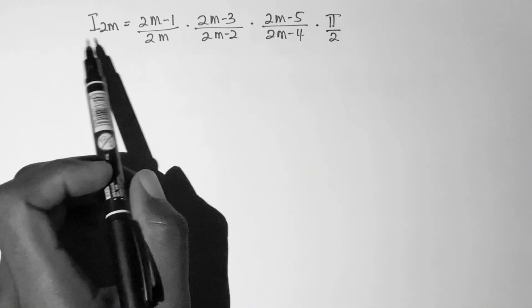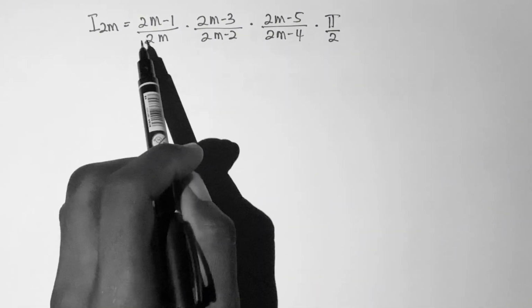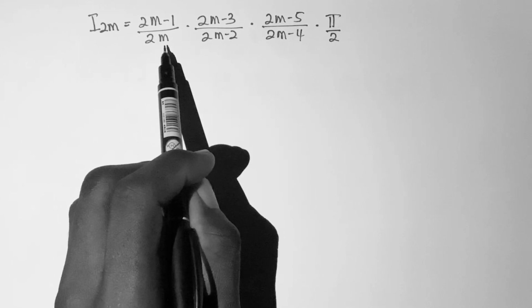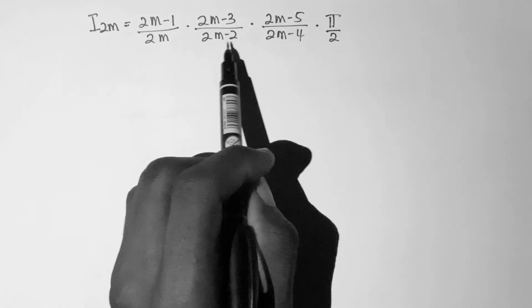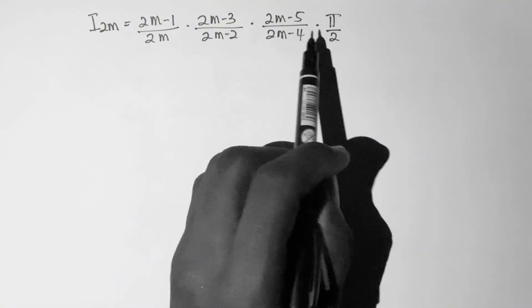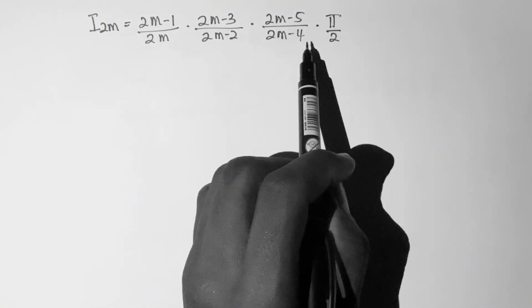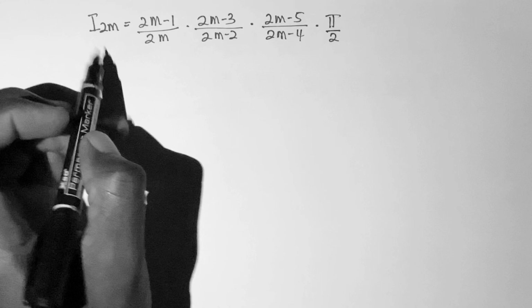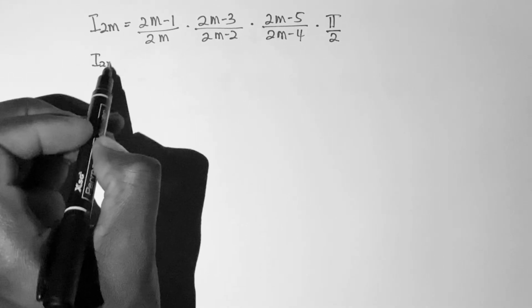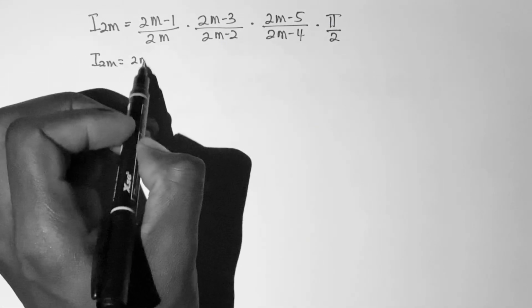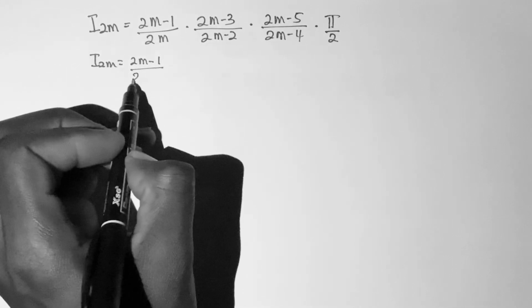So from the equation, we established that I of 2m is equal to 2m minus 1 divided by 2m times 2m minus 3 divided by 2m minus 2 times 2m minus 5 divided by 2m minus 4 times pi over 2.